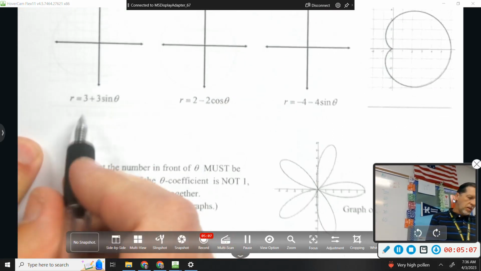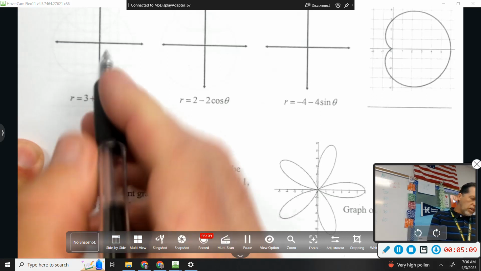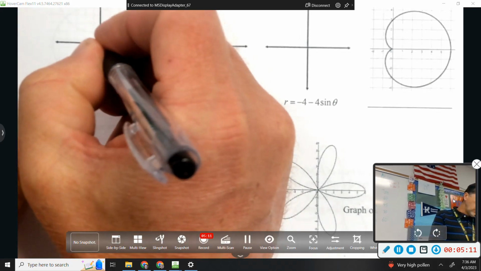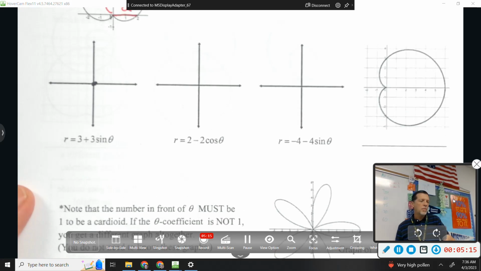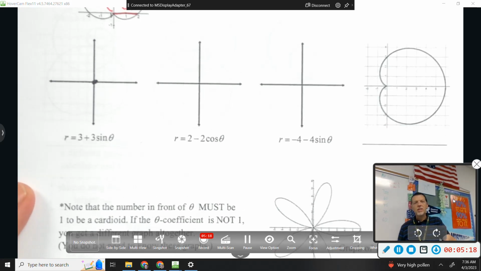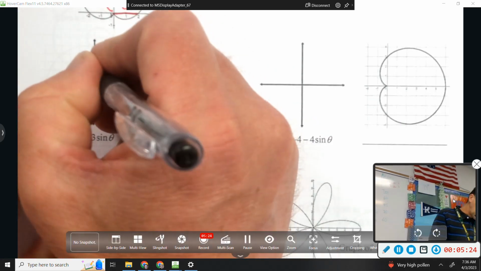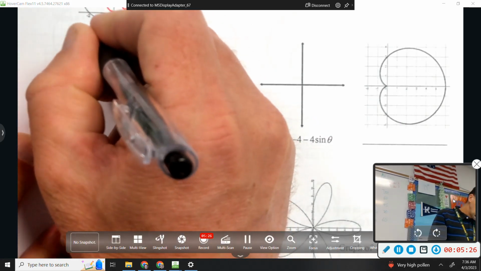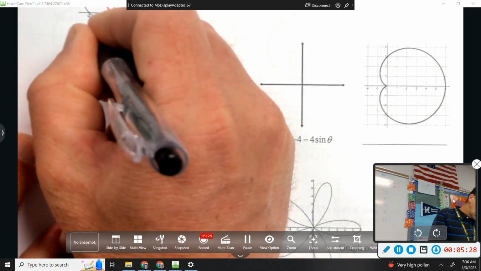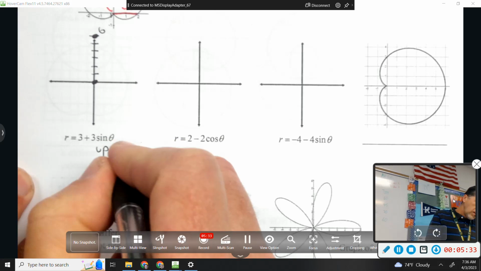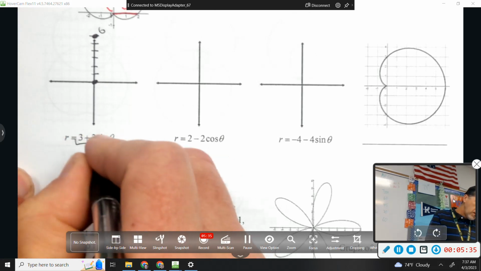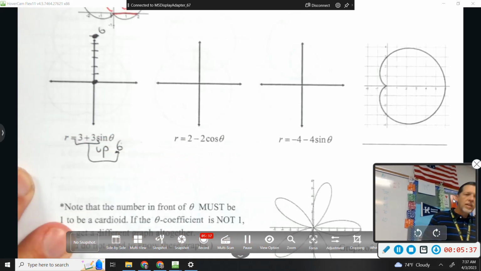So let's try this example. They're equal to each other, so origin, that's what makes it a cardioid. What's the max going to be of this graph? 6. And where's the 6 going to be? Up, down, left, or right? Up. So we'll go out 6. So up 6.